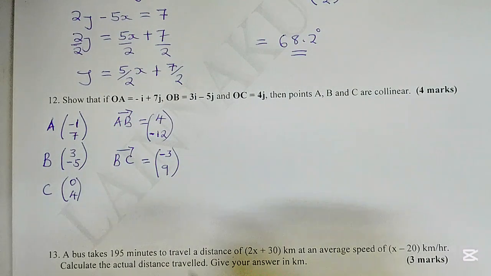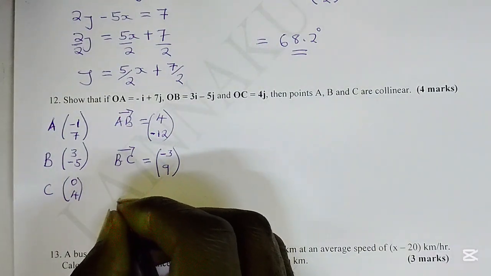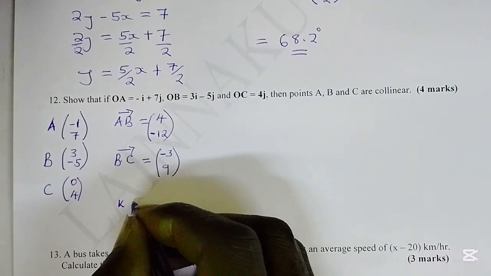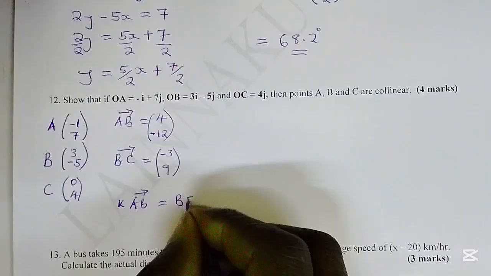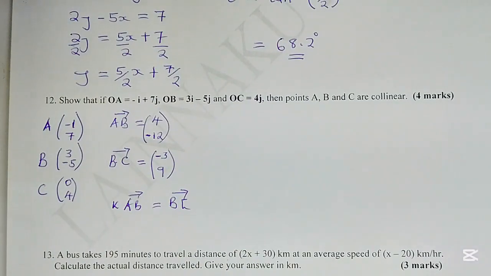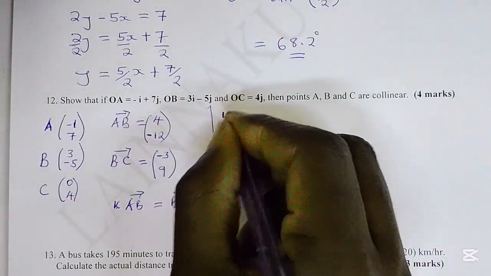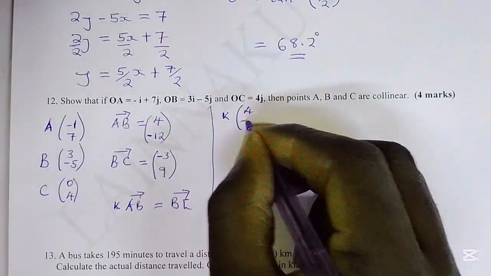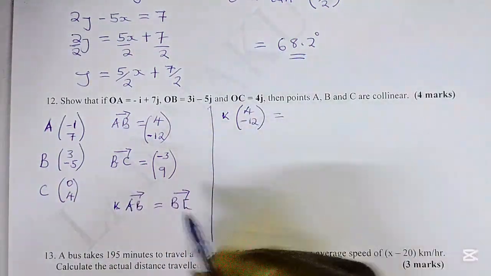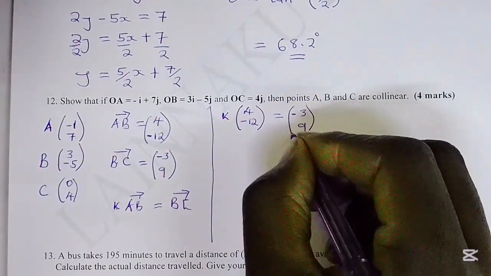So we are going to take a scalar K, multiply with AB, and this one should give us BC. In doing so, we can find the value of K. So K multiplied by AB, which is 4, -12, should give us BC, which is -3, 9.